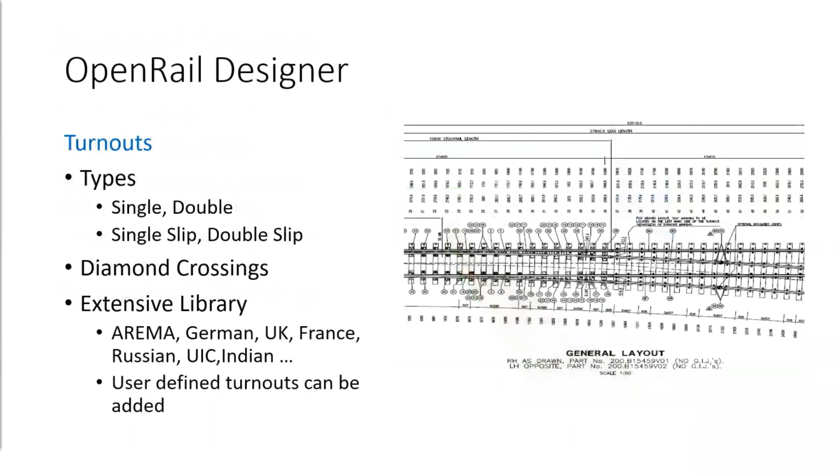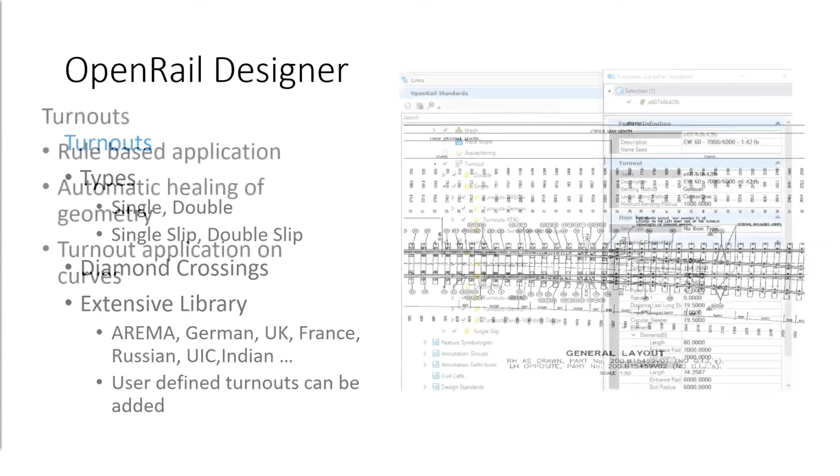Okay, so for the turnout we have almost all the common types used in the rail design industry: single, double, single slip, double slip, diamond crossing. These are the common ones. Our library also accommodates all the major rail design standards: AREMA, German, UK, France, Russian, etc. And if you have your own design standard, you can definitely customize your own.